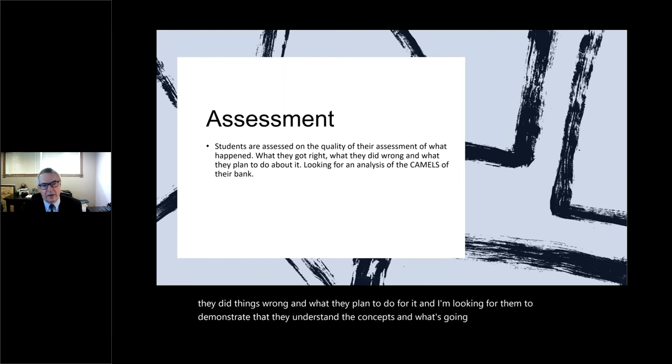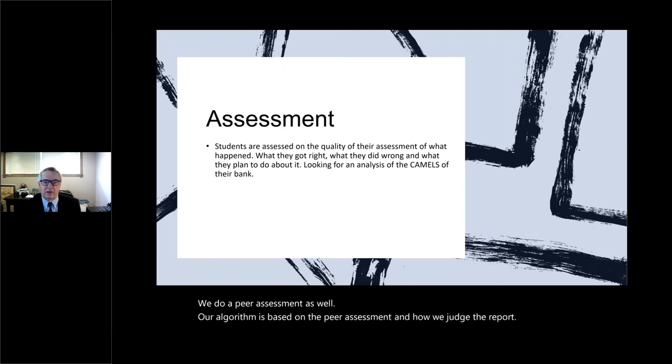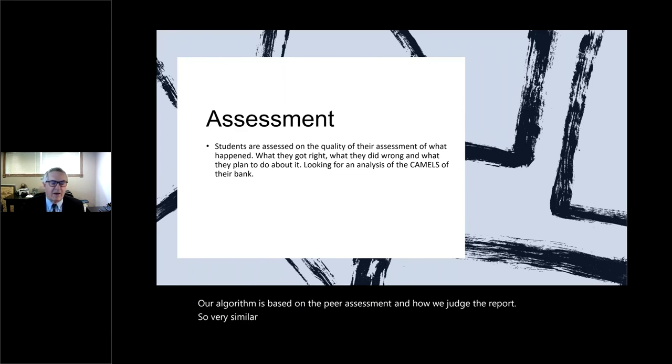We do a peer assessment as well. Our algorithm is based on the peer assessment and how we judge the report. So very similar. It's to try to build in some value for working together and also some value for understanding what's going on.